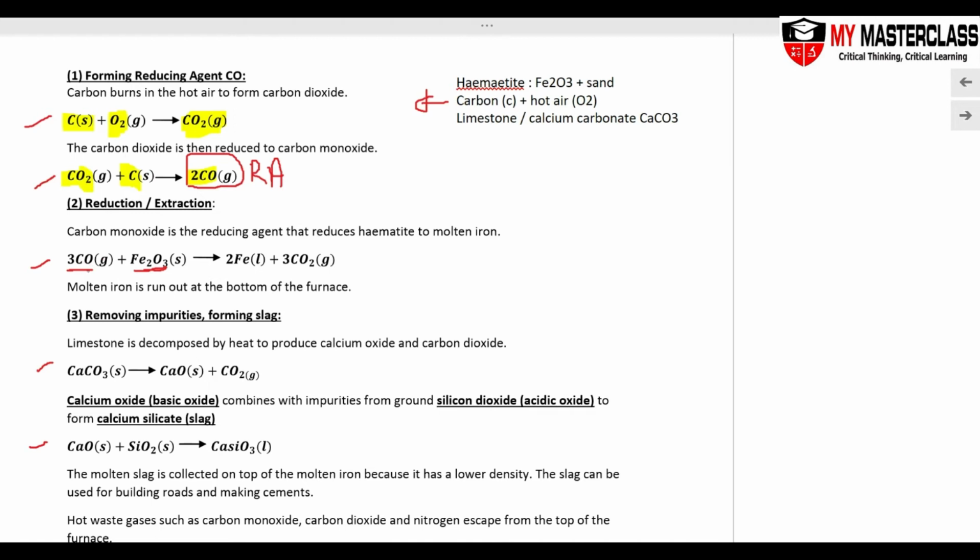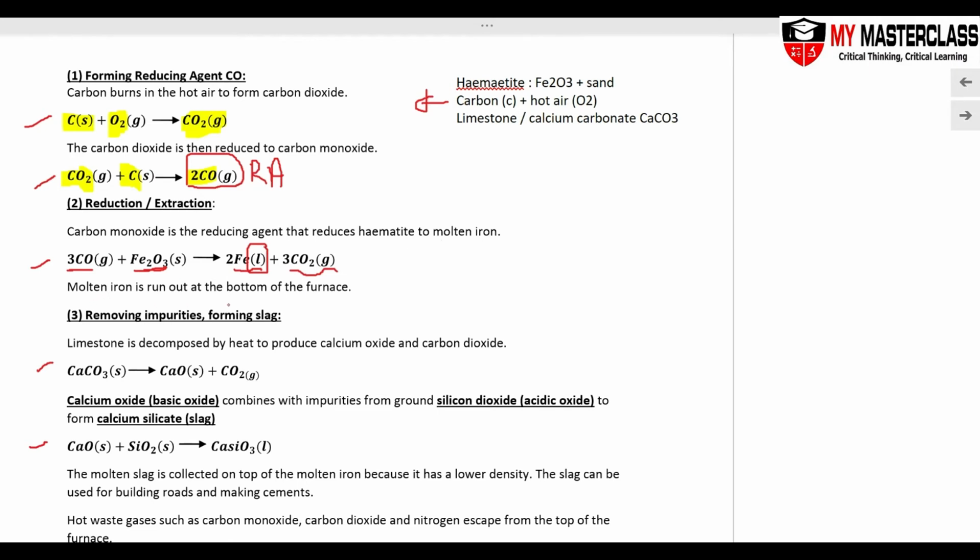So just to balance out your equation, we have 3CO plus Fe2O3 give me iron, pure iron, and carbon dioxide gas. Do note the state symbol for your pure iron. The state symbol is molten, so this is hot liquid.